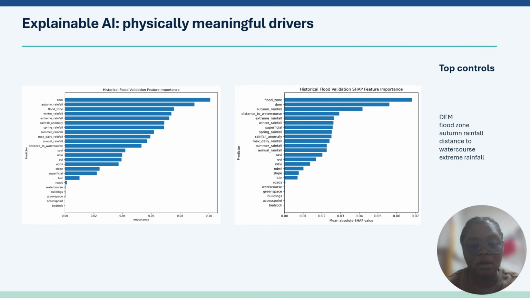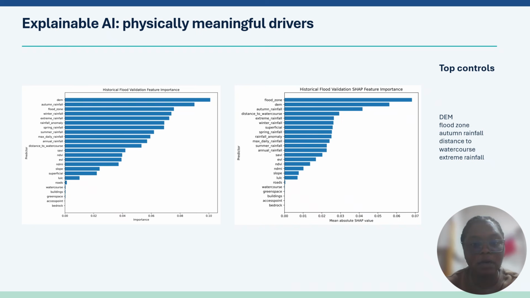From our previous slide, we could see that we involved about four machine learning models, and a very important part of this research is the ability to explain our model. We involved the random forest importance measures and the SHAP analysis, and we were able to identify the most influential predictors.